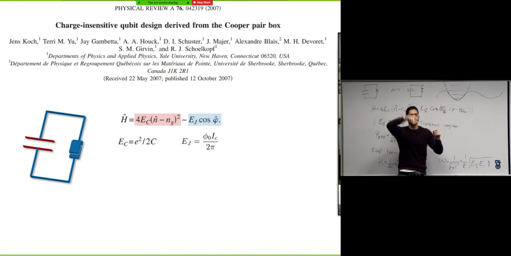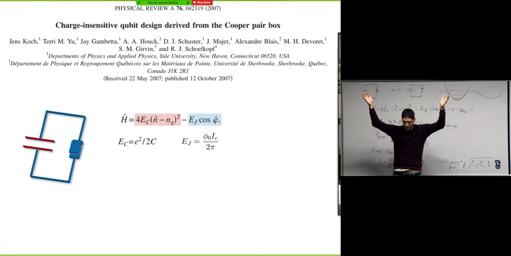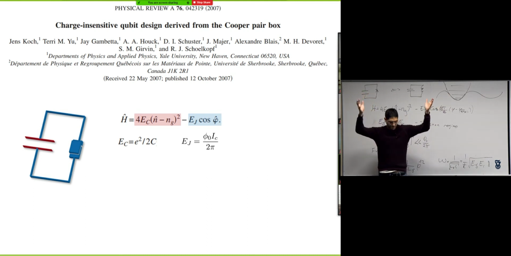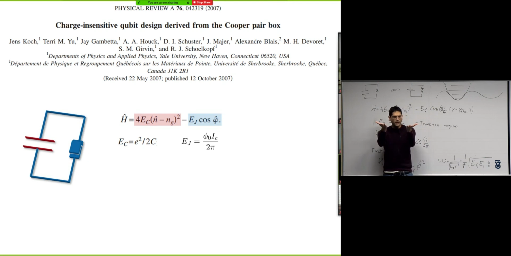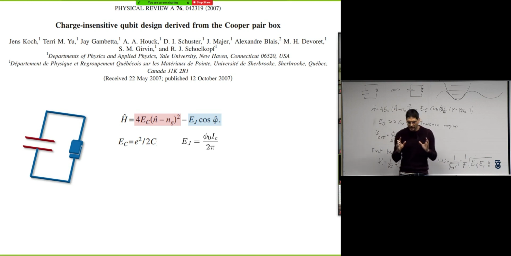Okay, so if you remember the original cosine potential, now what happens with the flux qubit is this potential is being altered by the additional phi squared term that comes from the additional Josephson junctions. And if you apply some flux, you can get the two adjacent wells to be at the same level.